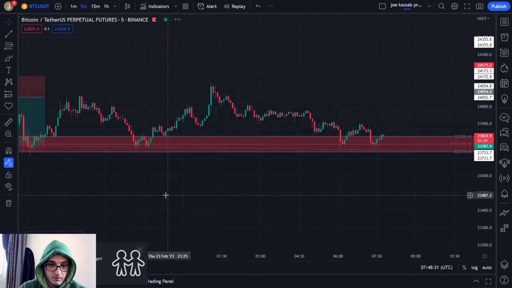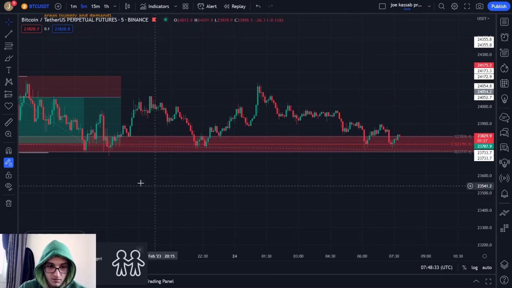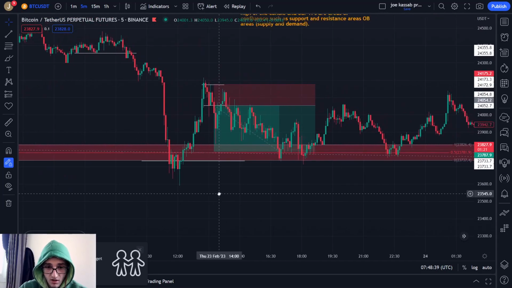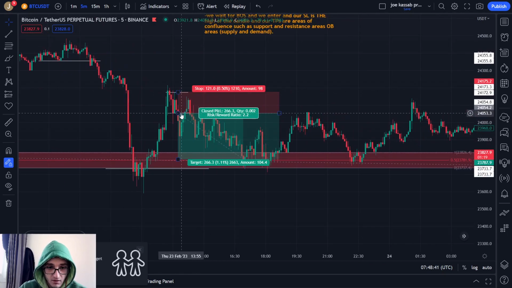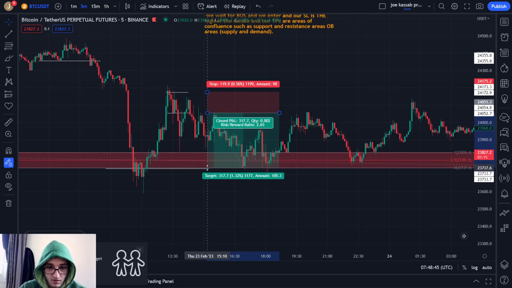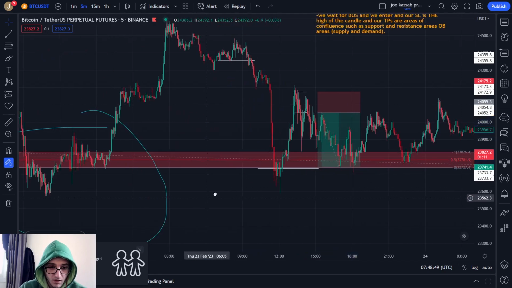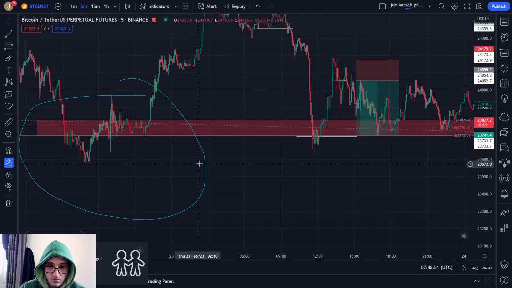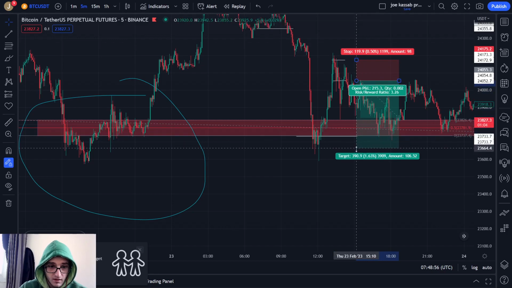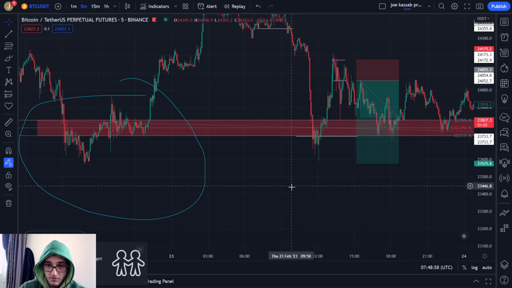If you go to the 5 minutes, you can see that price is trying to push down here but getting rejected. So we can have our TP at these areas. Okay, so TP1, TP2. Okay, you can also have TP3 and TP4.